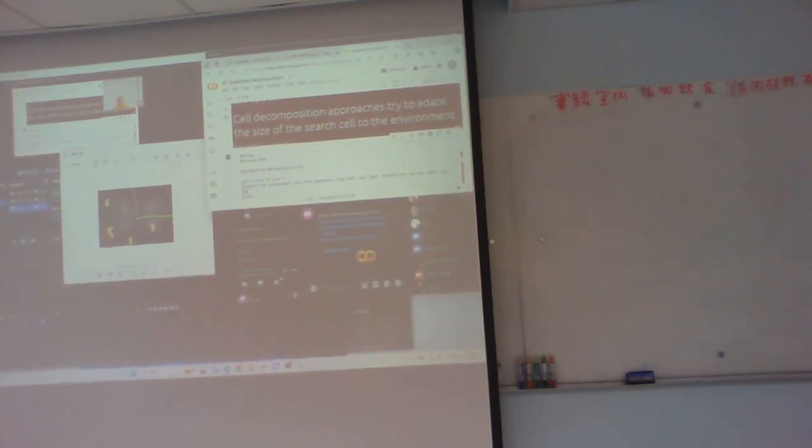We take the environment and we split it into four quadrants, like that.